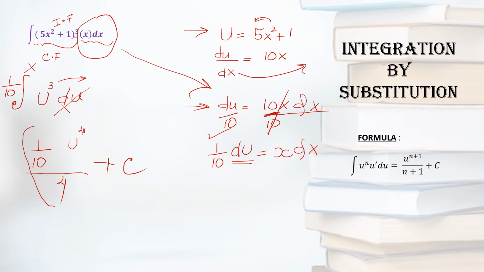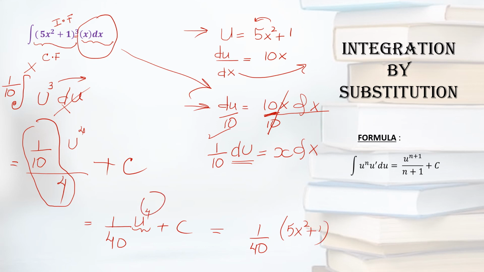Now 1 over 10 divided by 4 will give you 1 over 40 u to the power 4 plus c. In the end, what you have to do is just write down u in terms of x. The name of the u is already 5x squared plus 1. So write down 1 over 40 times (5x squared plus 1), and this power 4 should be written over here, and plus c.